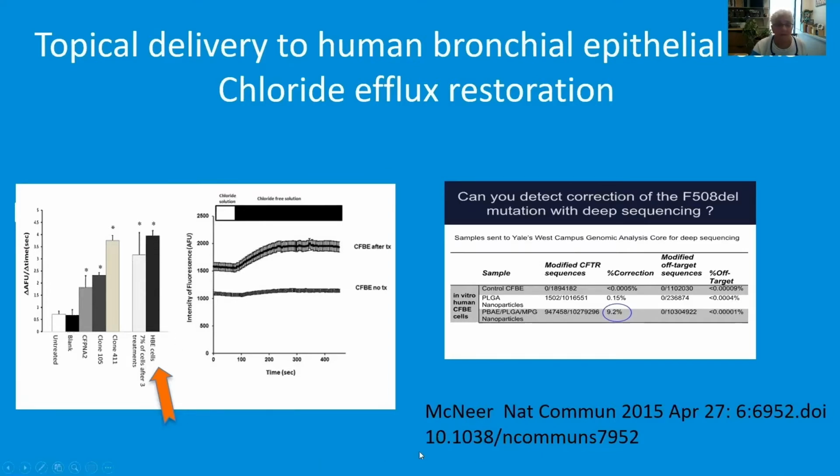When you send samples down to deep sequencing, what you find is about 9.2% of the alleles are corrected when we treat with our nanoparticles, suggesting that we are getting some editing.